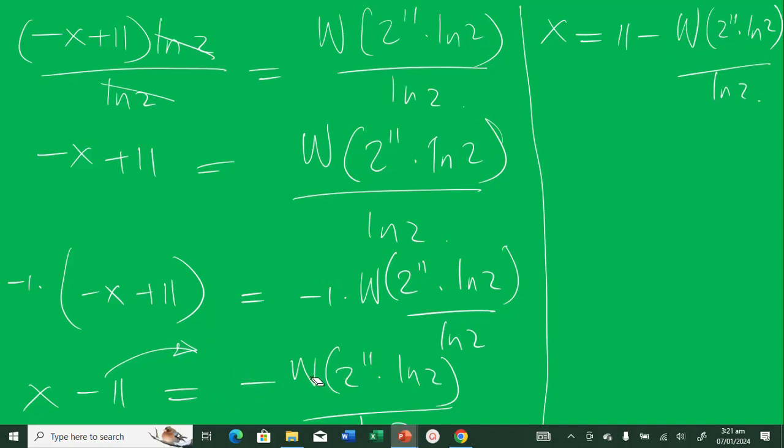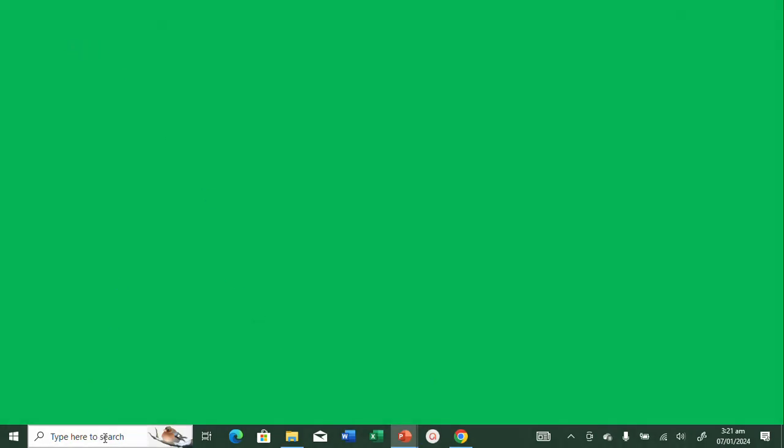Okay. Now let's look at that form. You have minus x plus 11 times natural log 2 is equal to Lambert W of 2 to the power 11 times natural log 2.